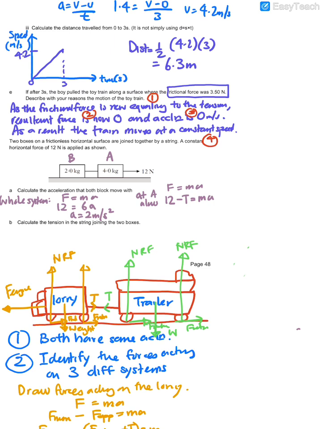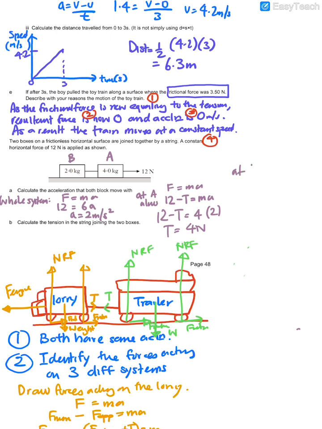What's your mass? Mass is 4, and A is 2. So T equals 8. Wait, no, 4. Yes, 4 newtons, right? So he got 4.